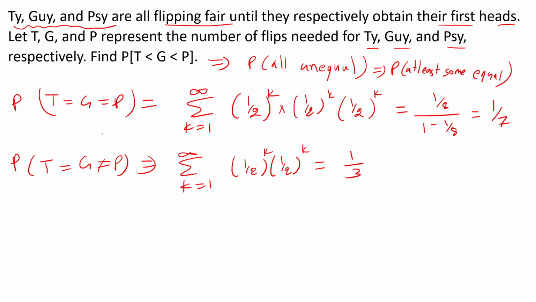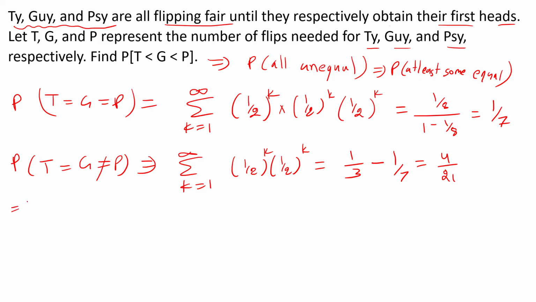They should not equal P, because we already know the probability when they are all equal is 1/7. So T equals G not equal to P is 1/3 times (1 minus 1/7), which turns out to be 4/21.